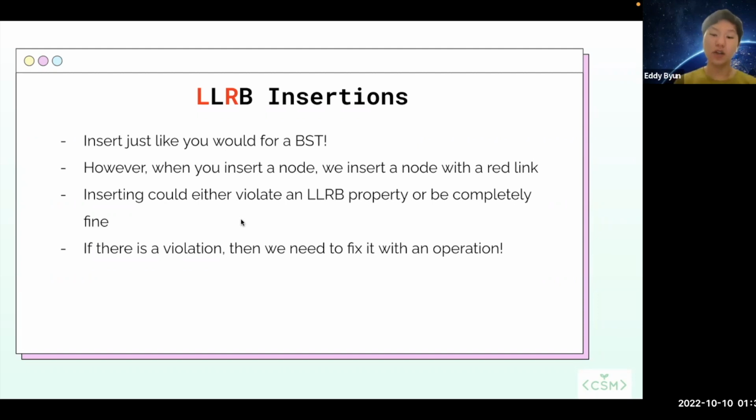However, when you insert a node, we insert it with a red link. And this insertion could either violate an LLRB property, or it can be completely fine. If there is a violation, however, we do need to fix it with one of the operations that I mentioned earlier.